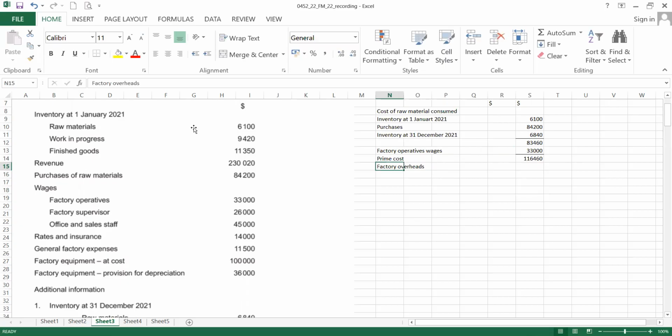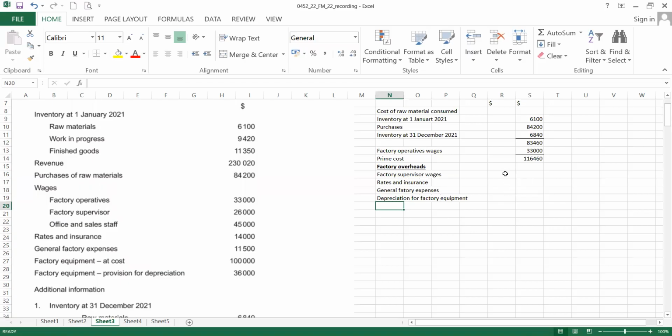After that, factory overhead. So what is the factory overhead that we have in this question? We have the factory supervisor wages, and then rates and insurance, and then general factory expenses, and then factory equipment, which means depreciation for factory equipment. So these are all the items that we have.